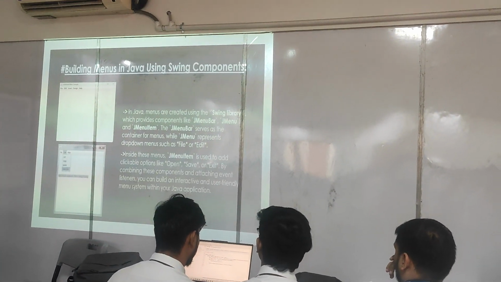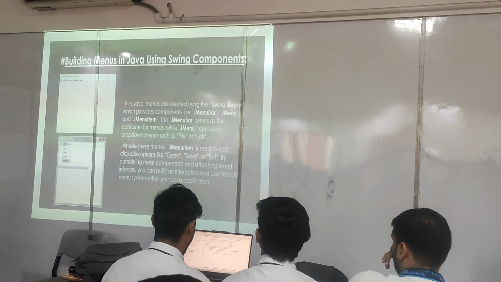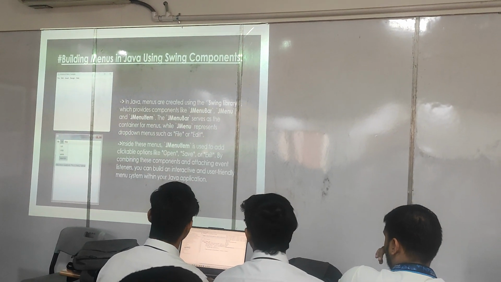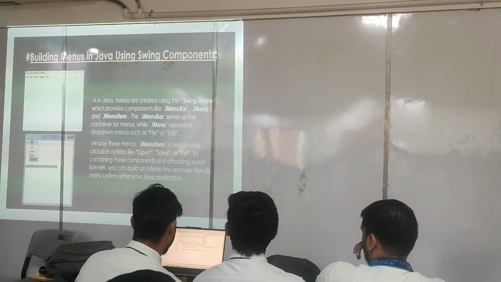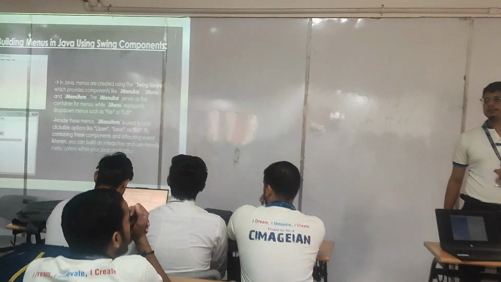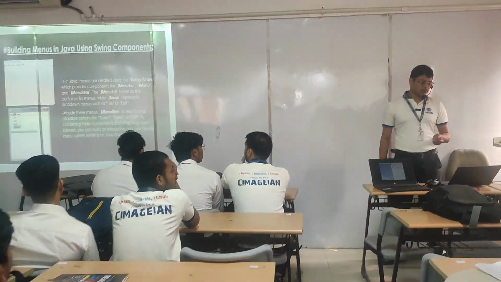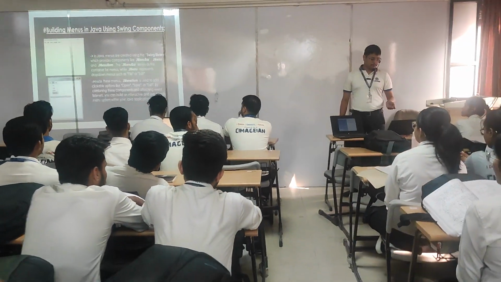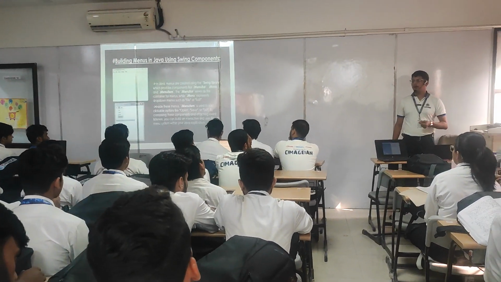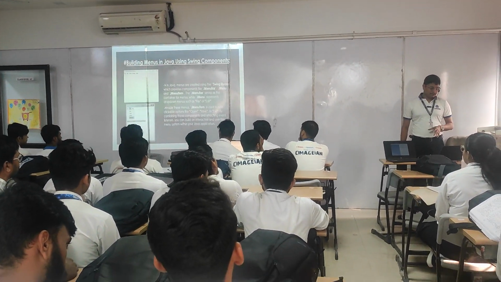Talking about building a menu, have you seen this kind of menu? Obviously every window can contain this kind of menu. So how to add this? I will be using the Java Swing package and some of the major components like JMenu, JFrame, JMenuItem and JMenuBar to implement all this.